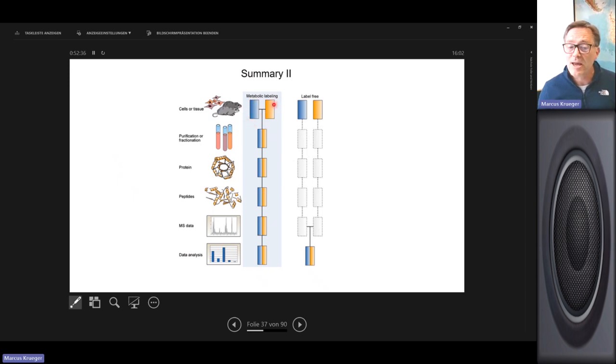And even each mistake that you make is the same, because you have just one Eppendorf tube. And then, of course, this gives you much more robust data. However, if you do the label-free quantification, you always have to go for independent runs. And this might then also introduce some errors in terms of accuracy and variation.